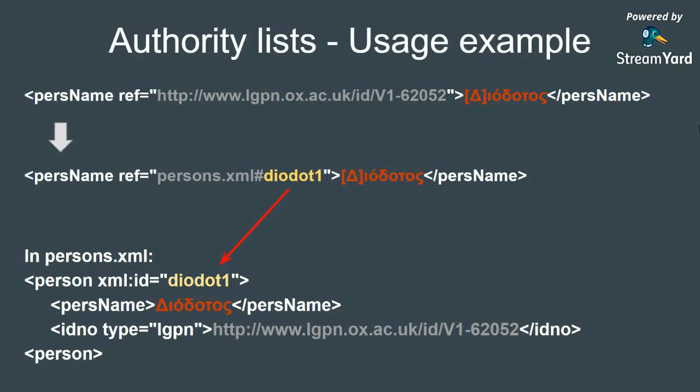In this case, we also have an identification number type, which is the link to the lexicon of Greek personal names, since we also have the possibility to link to this external resource. So as we can see, it makes our information more clear, more structured, and also makes linking to external resources easier.